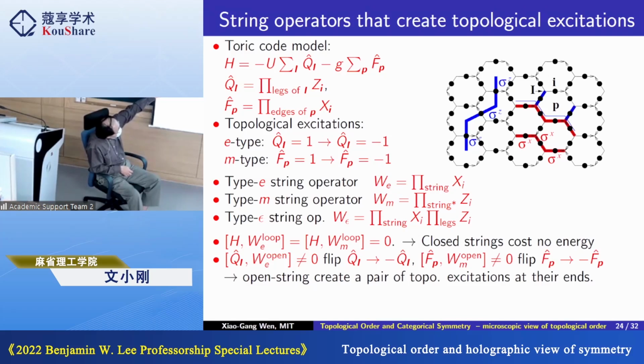The string operator at the end does not commute with F, because F is a product of sigma x around this loop, and this string has only a single sigma z on this link. So the single sigma z anti-commutes. Therefore, this sigma z string flips this F operator, which creates another particle. They call it the M particle, and the one at the vertex they call the E particle.